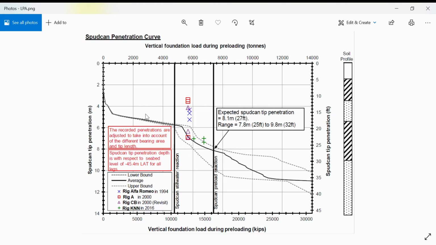These are the soil resistance at that particular location with old footprint. The geotech people average it out and anticipate where the rig will stop for the particular rig that I'm going to bring in right now. So I will know that the rig will probably stop in between the upper bound and lower bound.